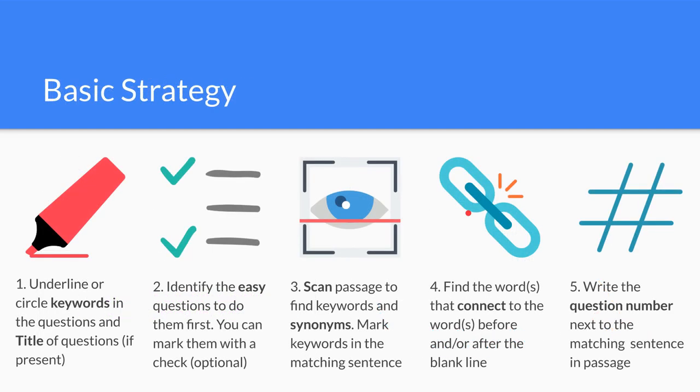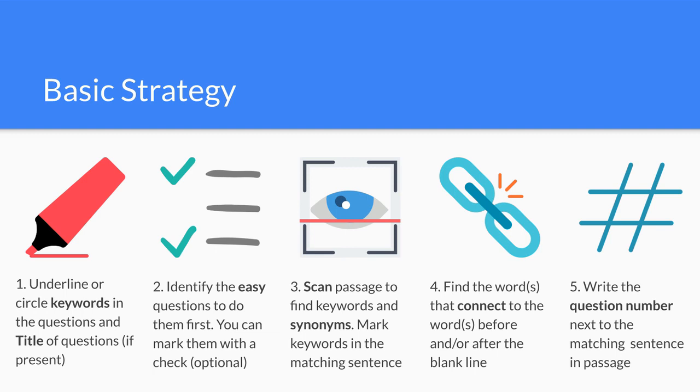Now let's go over the basic strategy. You've already seen this basic strategy, so I don't want to go into too much detail, but just to refresh your memory and to highlight the point that the main strategy across all these different question types is very similar. You may have noticed that you're pretty much doing the same thing for all the different question types.